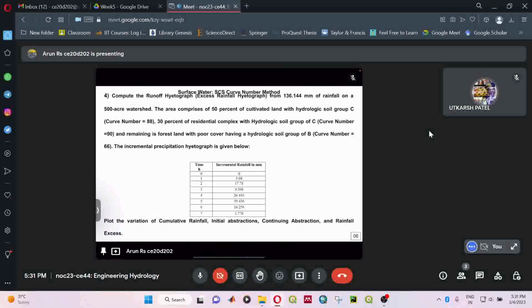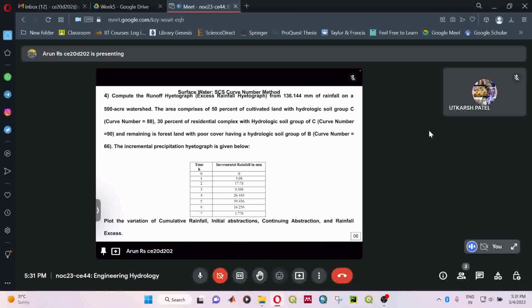So here we need to compute the runoff hydrograph, that is the excess rainfall hydrograph, from total rainfall of 136.144 mm on a 500 acre watershed.